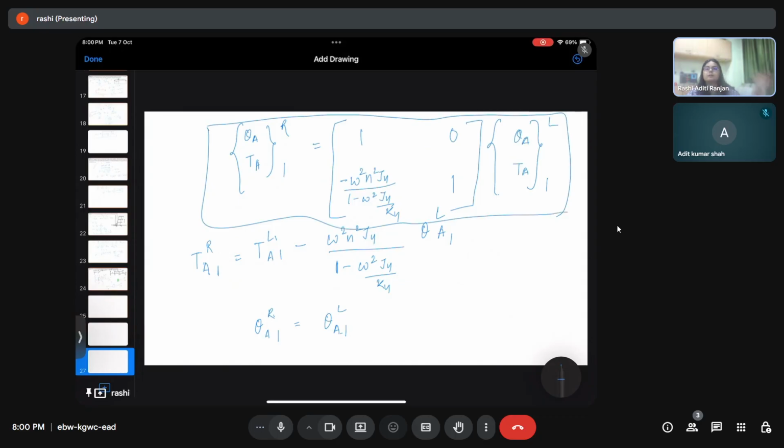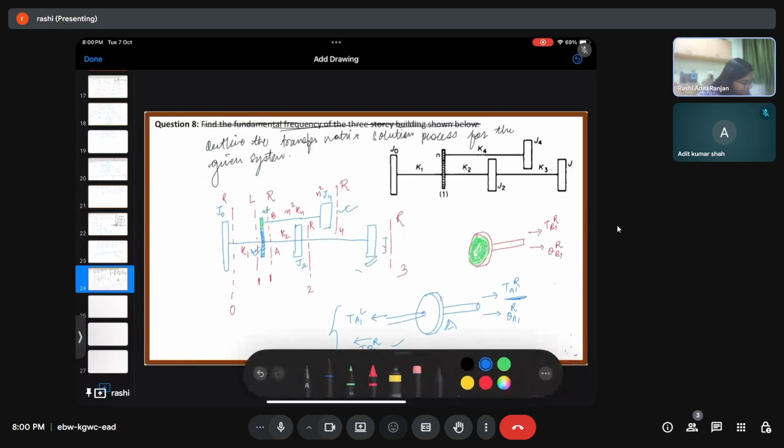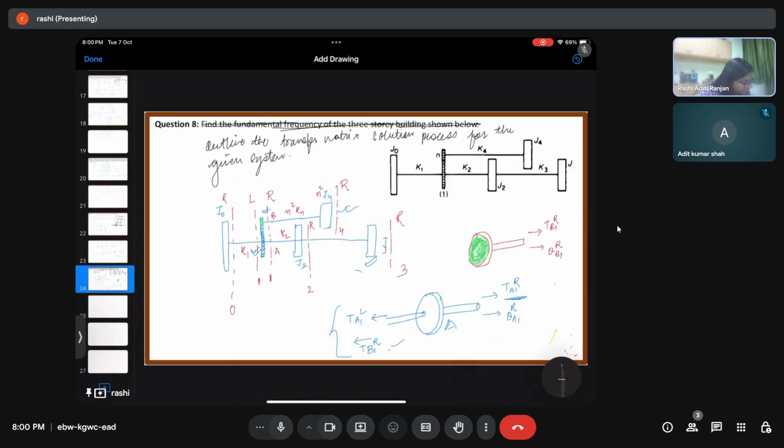This one. Okay, I hope this is clear. So what we have done up till now is we have related 1, B and 4 to each other. We have related these two.